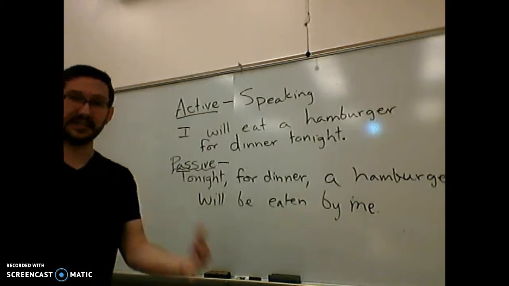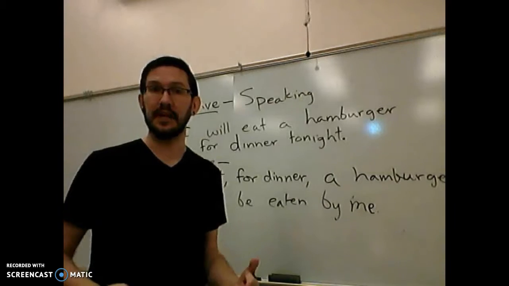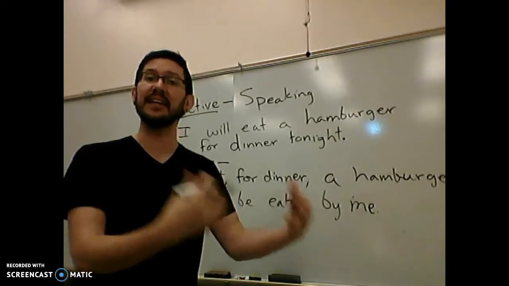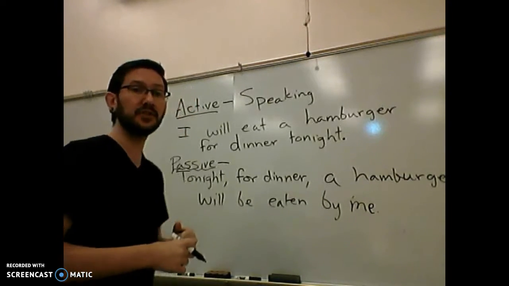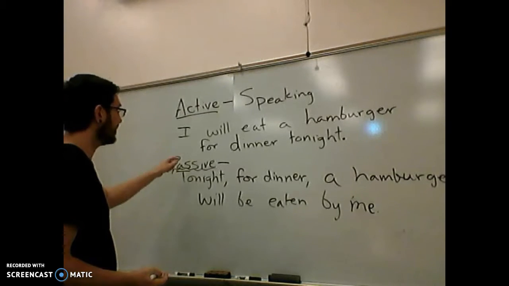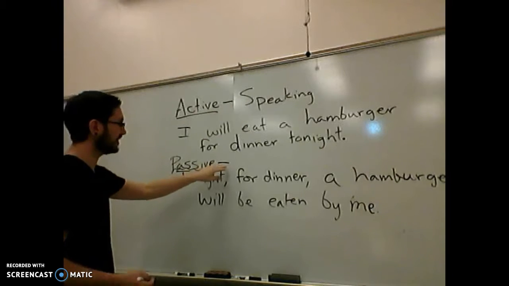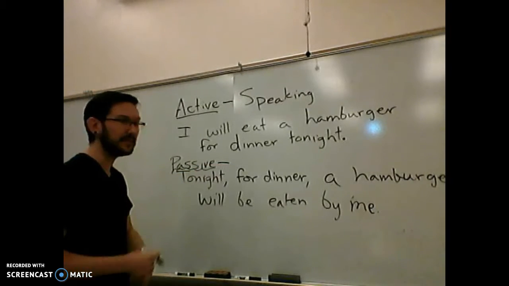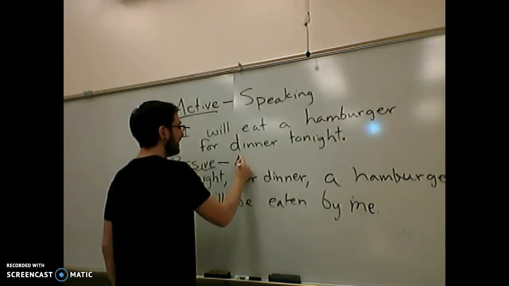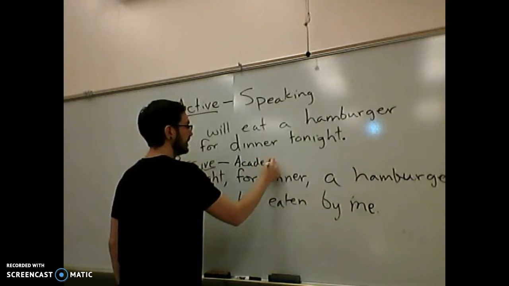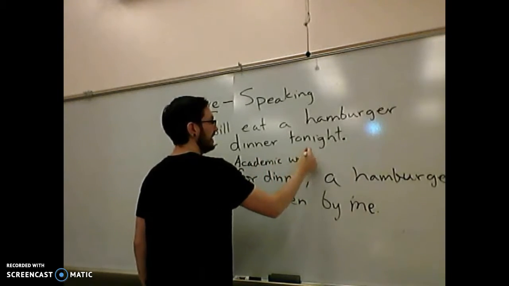Now, there are, of course, exceptions, and we'll get into those exceptions as we continue with our next activity. But what's good to realize right now is that active voice is always going to be around in speaking. Passive voice is most likely going to be found in academic writing.